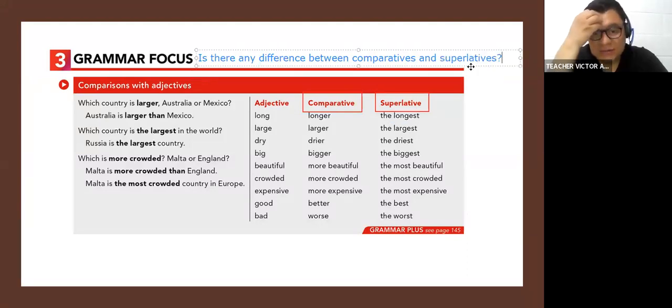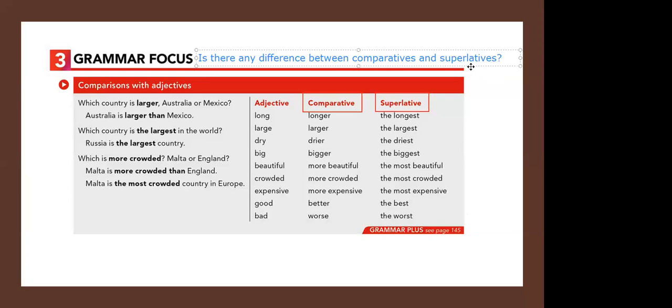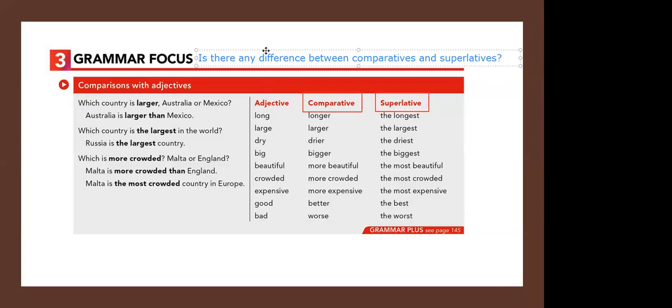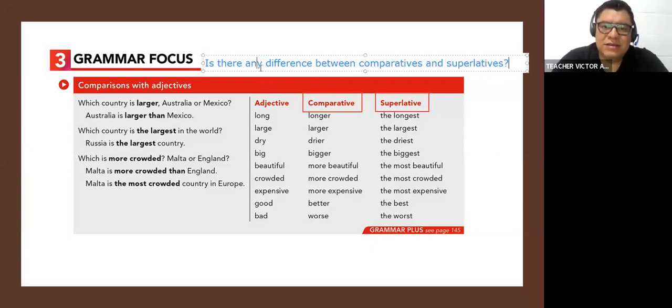What do you think, guys? Any volunteer? I just have this question. Are comparatives and superlatives the same or are they different? What do you think?